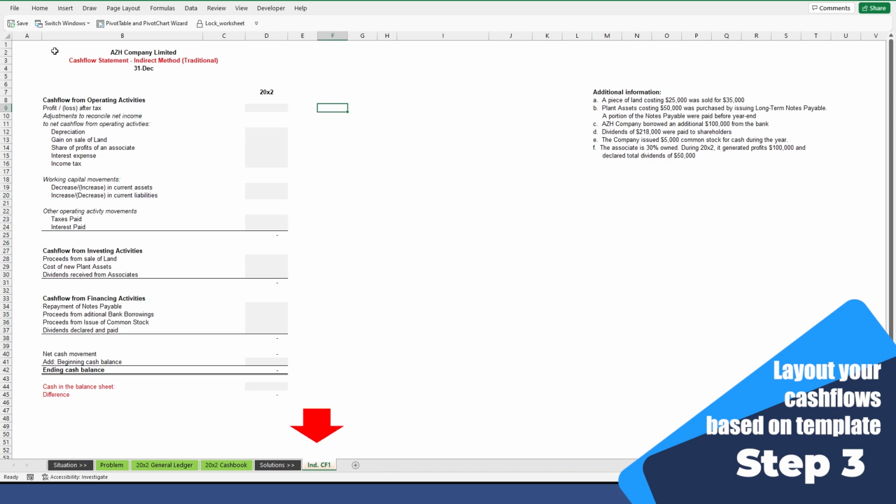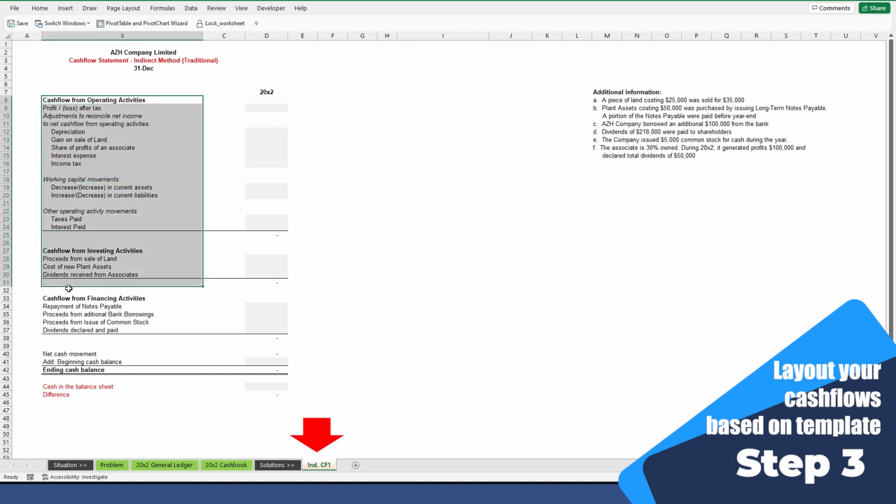Normally, you can pick up any type of pro forma cash flow that you can find and lay it out, complete with all of the formulas and all of the expected captions based on what you have determined from step 2. Don't worry too much about this part because you can add rows, add captions, and change formulas as you try to understand and come up with the statement of cash flows based on the data that you will be working on. And that's step 3.